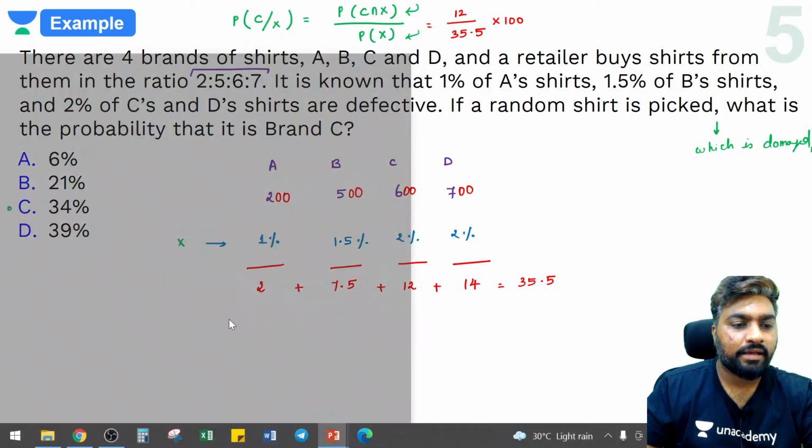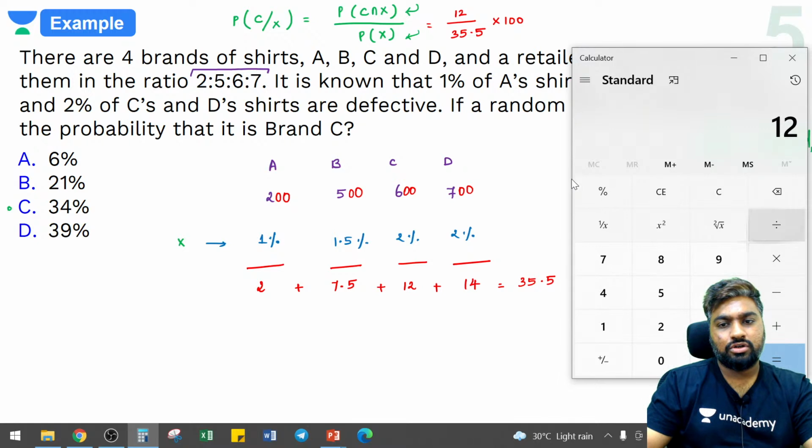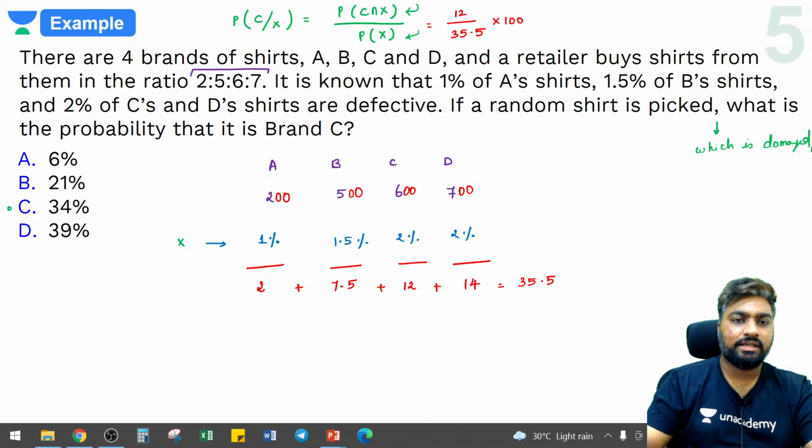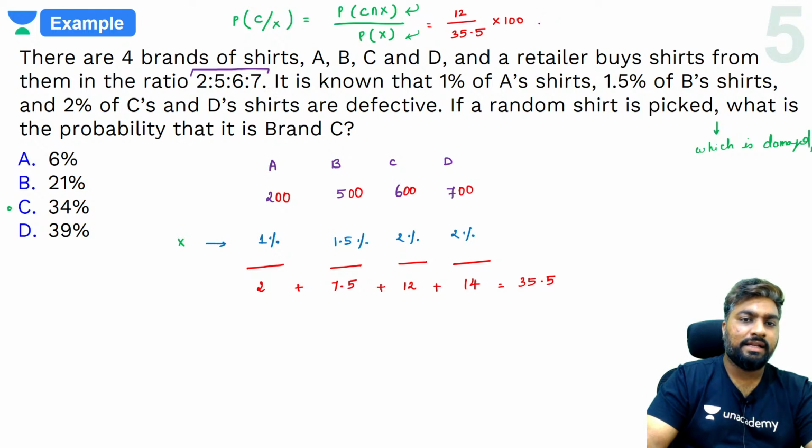Yes, you can directly go for the calculator here, no need to think too much. Or you can directly also do it. 12 by 36 is 1 by 3. Okay, no need for a calculator. 12 by 36 is 1 by 3. 1 by 3 is 33.33. So our value will be a little more than 33.33%.